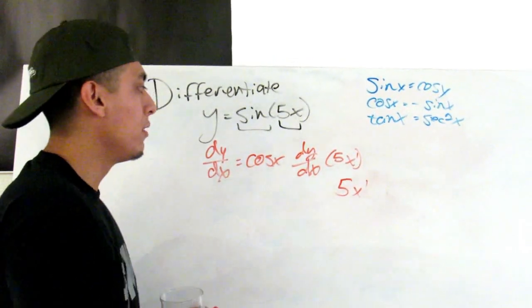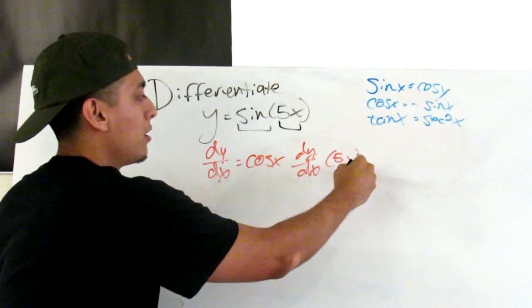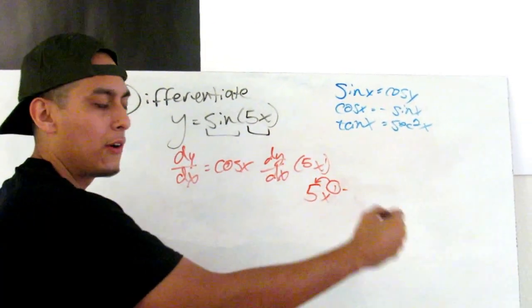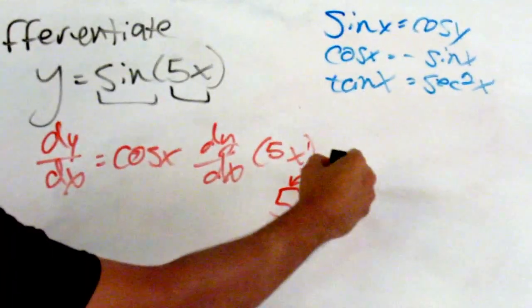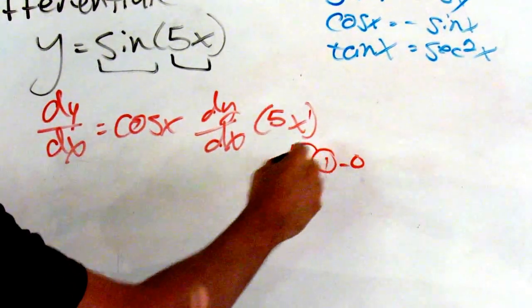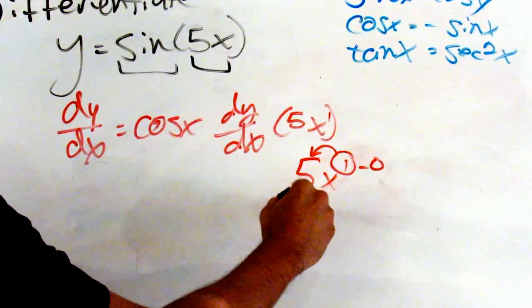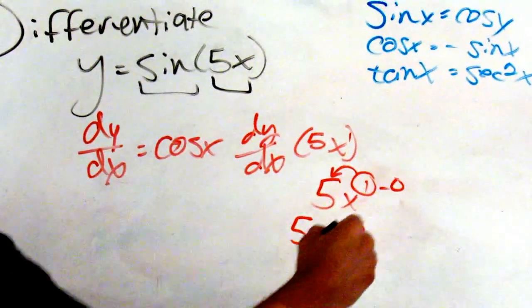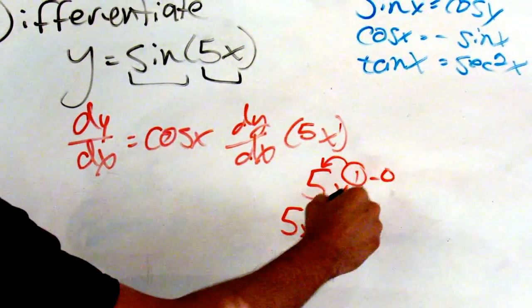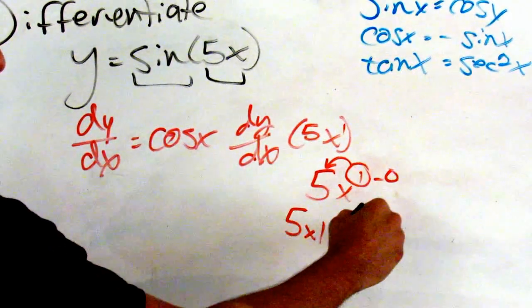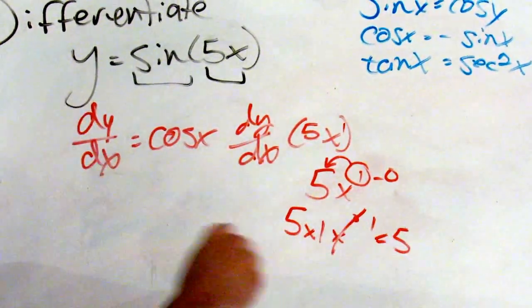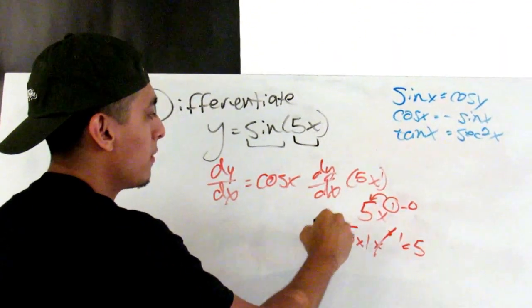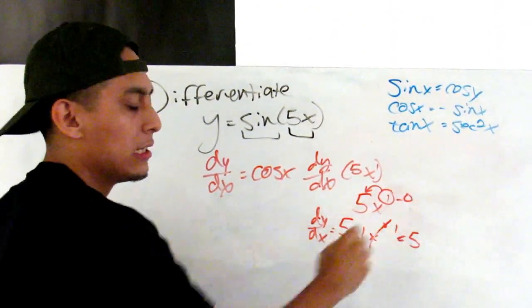Whenever you do a derivative, you take this number here, you multiply it down, and then you subtract and go down to the very next number. So in this case, it's going to be 0. So this is going to be 5 times 1, and then this is going to be x to the 0. Anything to the 0 becomes 1. So this becomes 1, and then this whole thing becomes 5. So here, the derivative of 5x is equal to 5.